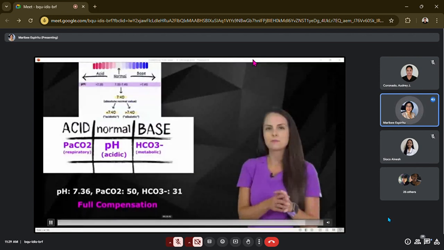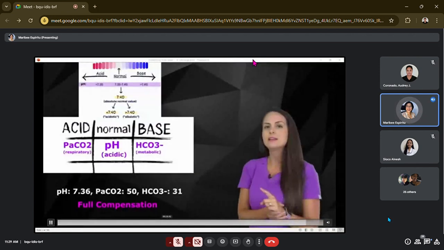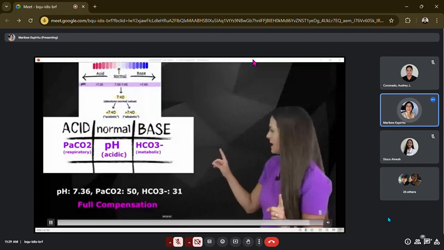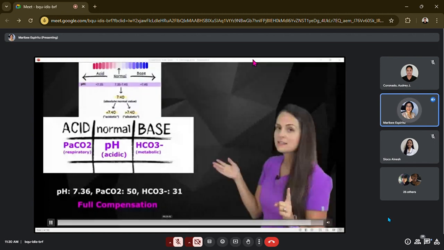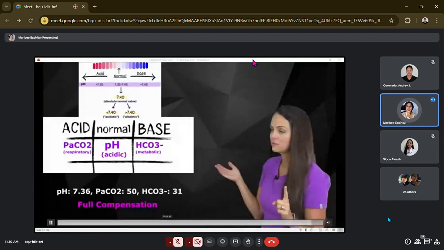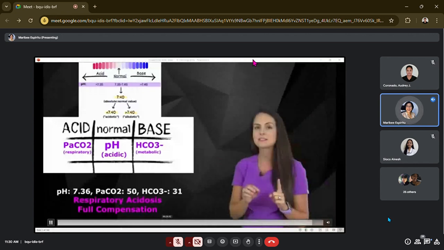So we've established that we have a normal pH that's acidic. Now let's look at the system, either respiratory or metabolic, that matches also being acidic, because that's the type of disorder we most likely have. So we have PaCO2 under acid and we have HCO3 under base. So what's under acid? Our respiratory system, the PaCO2. So we have respiratory acidosis, fully compensated.